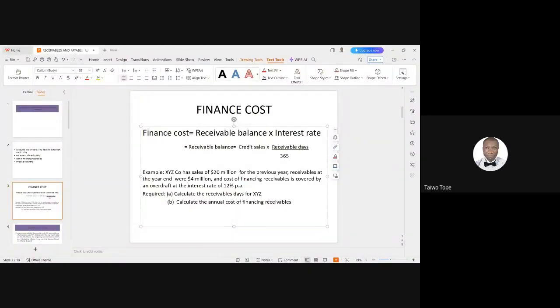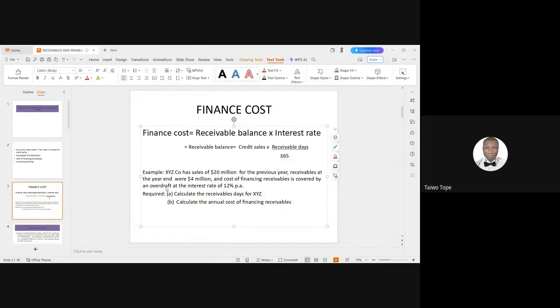Looking at the question, XYZ company has sales of 20 million for the previous year. Receivables at the year end were 4 million, and the cost of financing receivables is covered by an overdraft at an interest rate per annum.